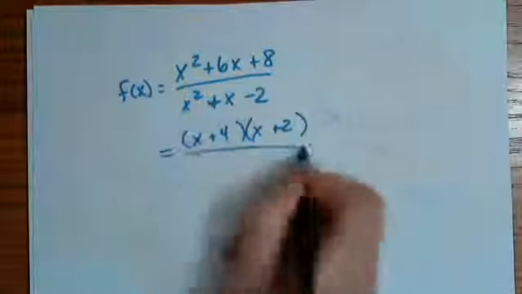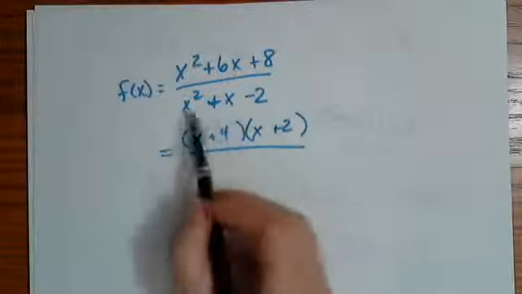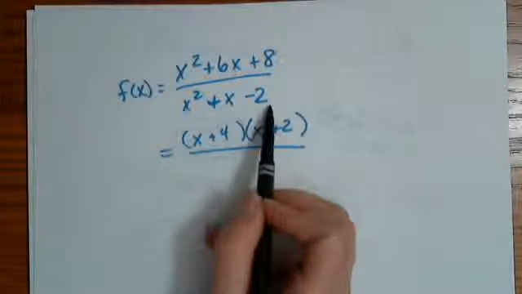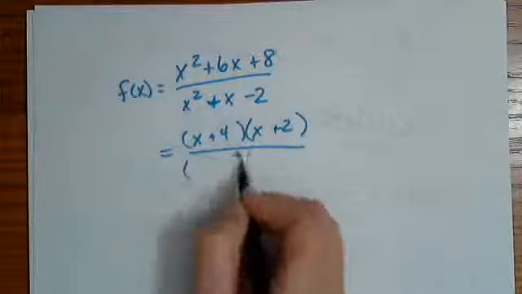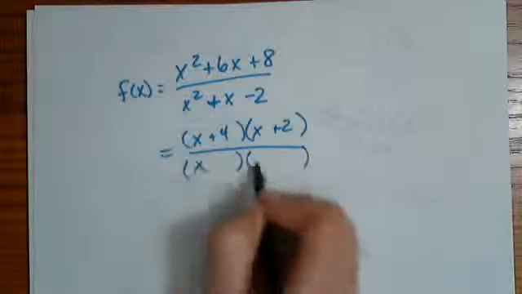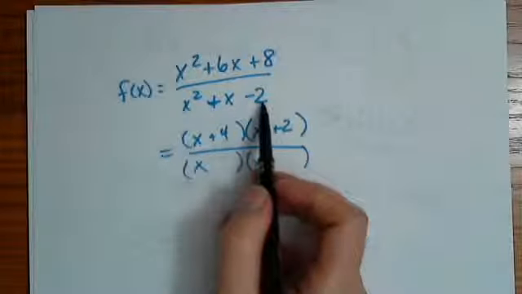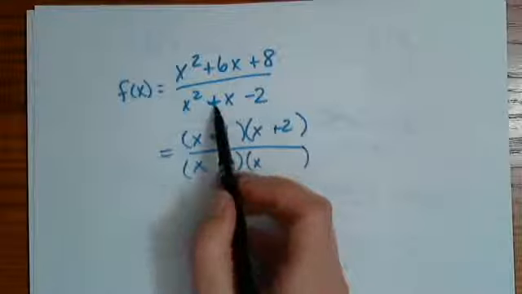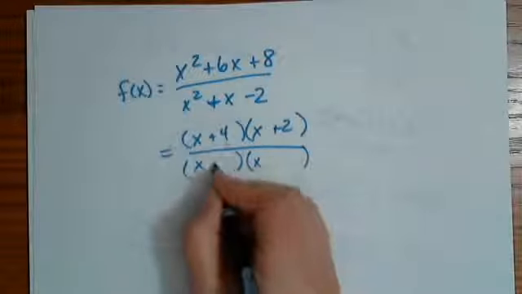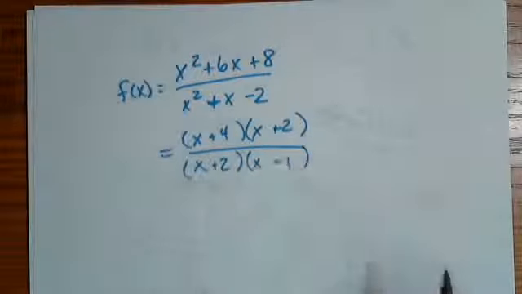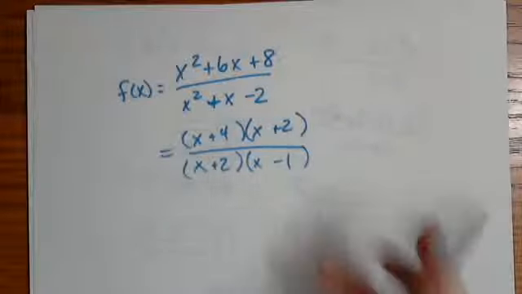Cool. And on the bottom, is there anything common to all 3? No. Can we factor it the way we did the other factoring? X and x, we've got to multiply to -2 and add to +1. So how about +2 and -1? Does that work for our factoring? I believe it does.